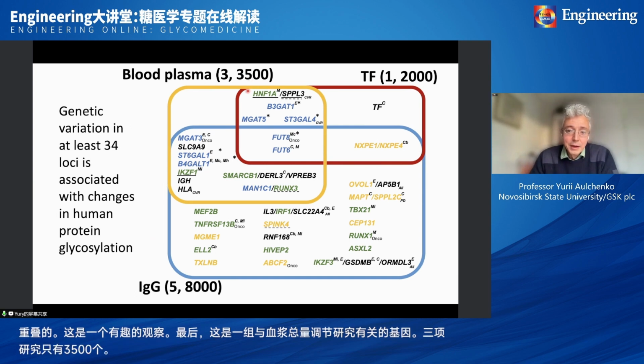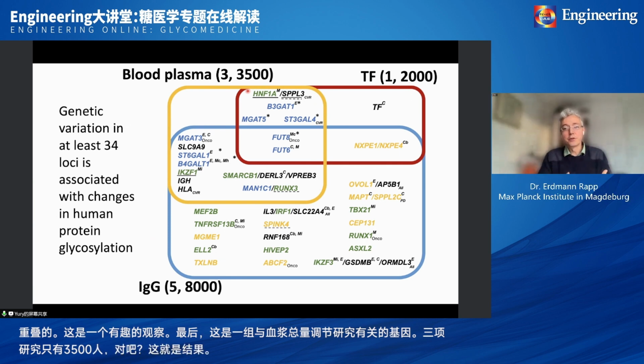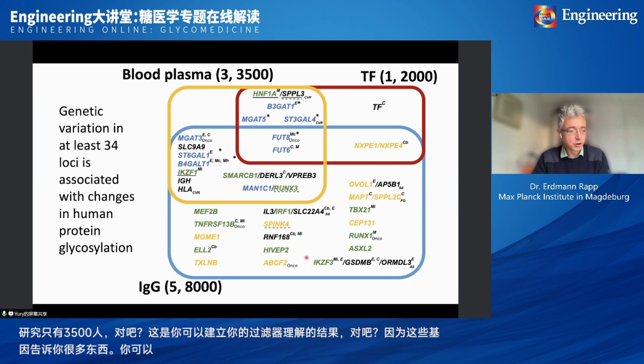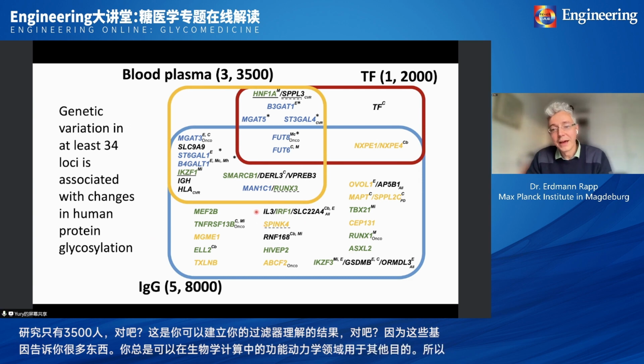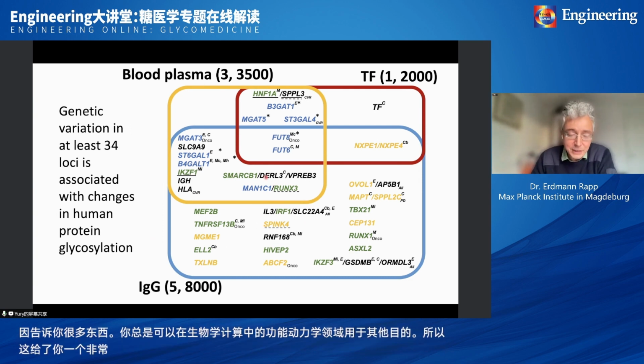This is the result based on which you can build your further understanding, because these genes are telling you a lot, and you can also look into a lot of data generated about these genes in the field of functional genomics and computational biology for other purposes. So this gives you the starting point of a very deep dive into N-glycosylation biology, right?